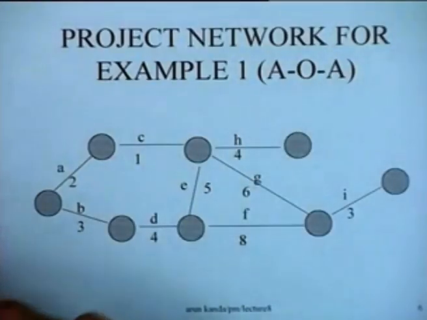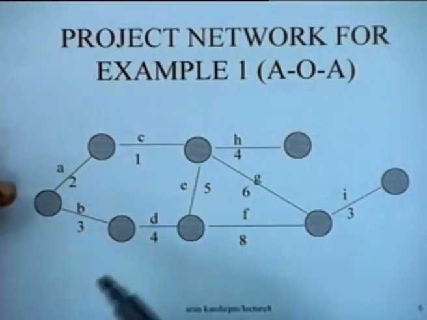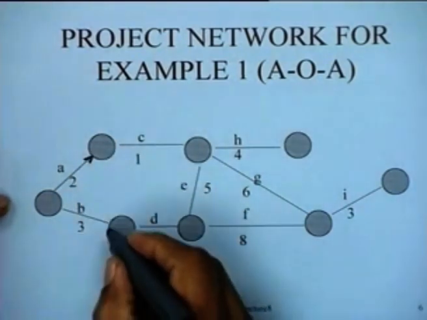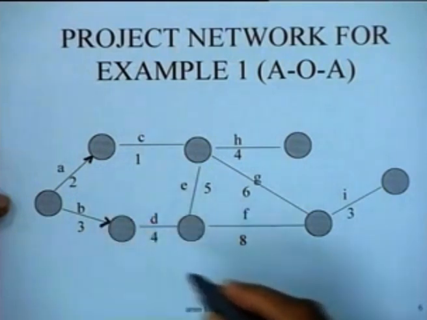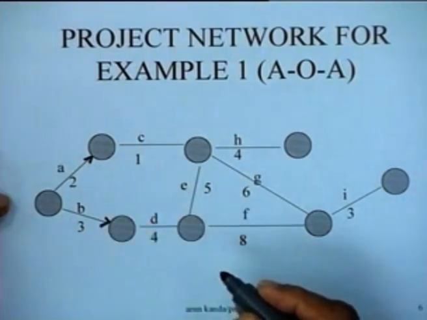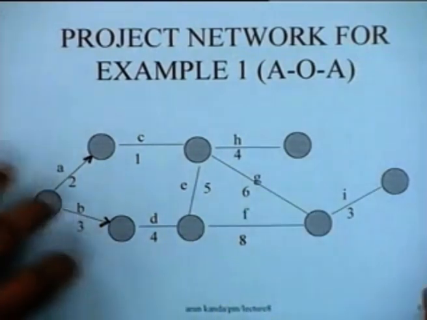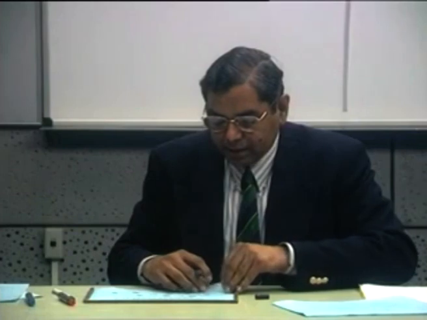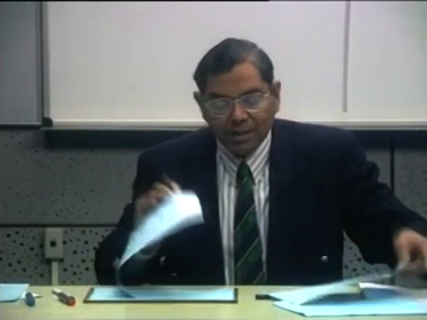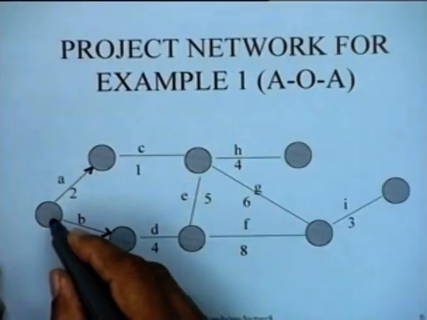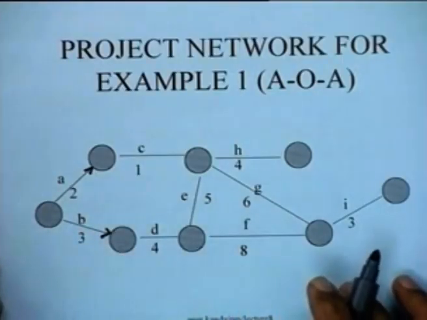You notice in this particular diagram that the activities are shown here. This is activity A, activity B. If you look at the precedence relationships of the jobs, you would have noticed that A and B had no predecessors, so they are starting from a source node.